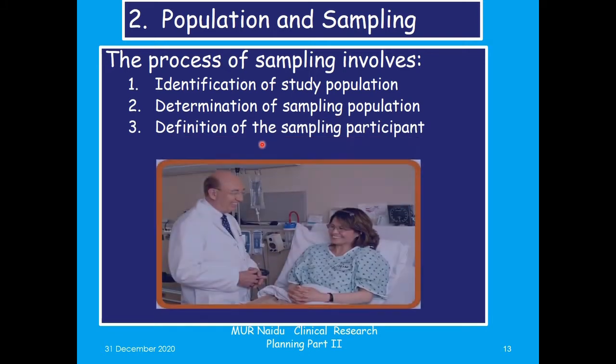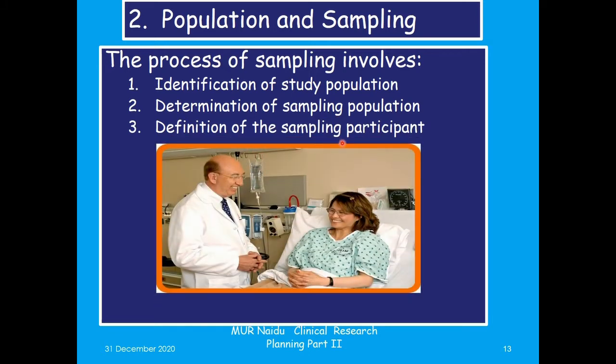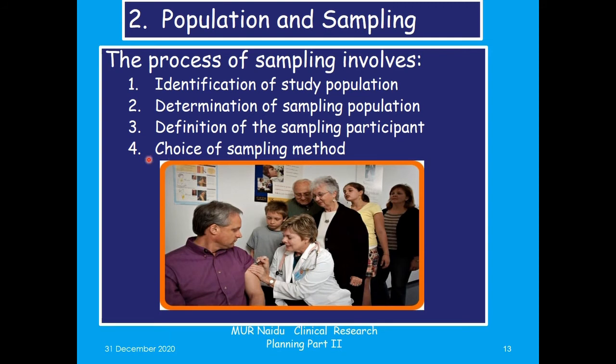Third is definition of the sampling participants, how you are going to define that if this is there, then only I will include the participant into my clinical trial. So you should have a very clear and well-defined criteria for including the patient into a clinical trial. Then you should have a correct choice of sampling method for your clinical trial.